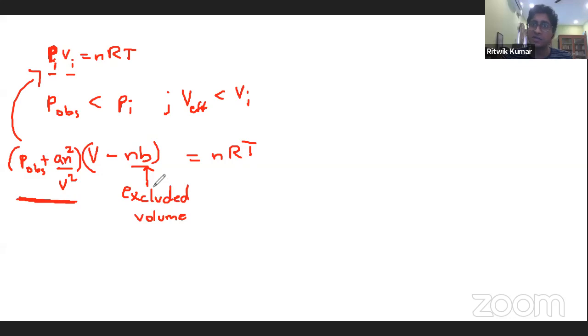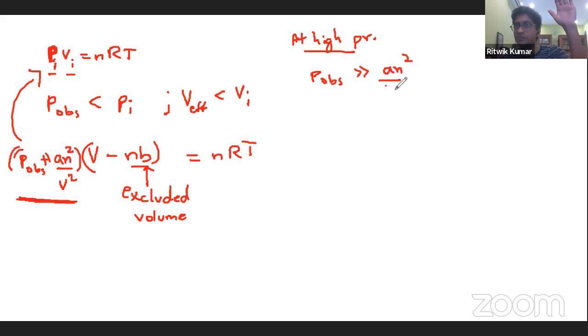Okay. So now at different conditions, we can apply different approximations, right? At high pressure, meaning you're applying a lot of pressure to that container, the P observed value is a very high value. So P observed will be much larger than this corrective term, and we can just write it as P into (V minus nB) equal to nRT.